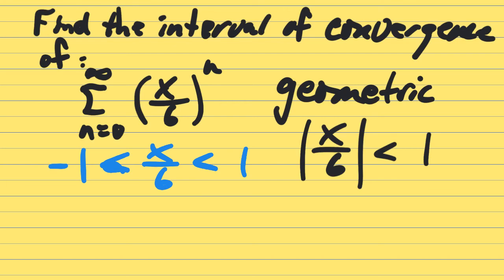So you can go to -1, but you can also go up to +1. If you multiply through by 6, you get any value of x between -6 and +6.